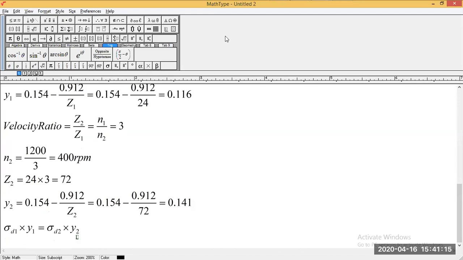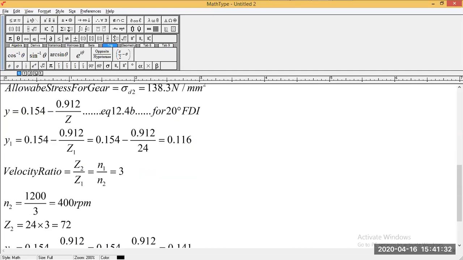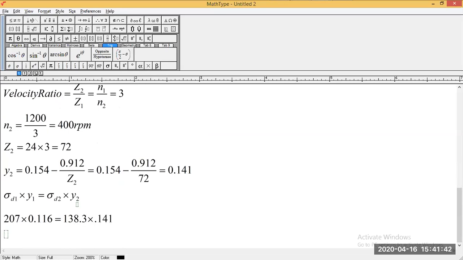Okay. Sigma D1 is 207 and Y1 is 0.116. Whether it's coming equal to or is greater than 138.3 into 0.141.